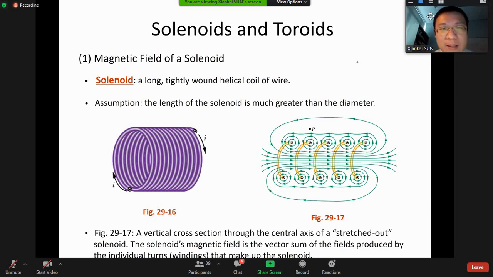Here is an assumption: the length of the solenoid is much greater than the diameter. L has to be much larger than D.